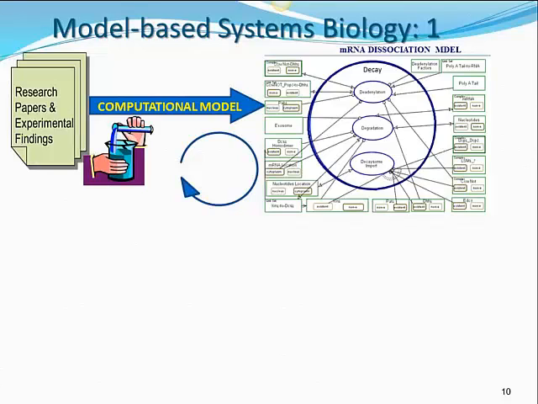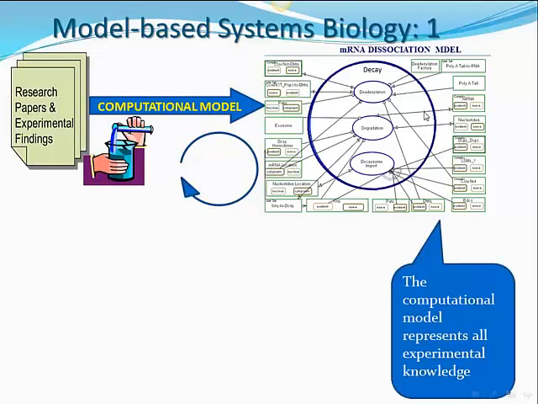We use OPM, as I said, and this is an example of an OPM model of the decay of the mRNA dissociation model. This computational model represents all the experimental knowledge that is embedded in free text articles that are published, all of them currently online, of course.